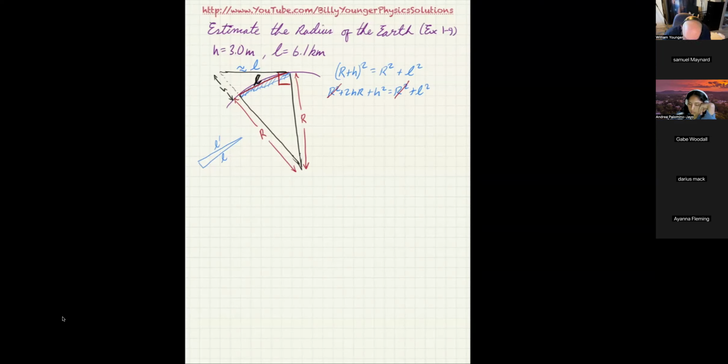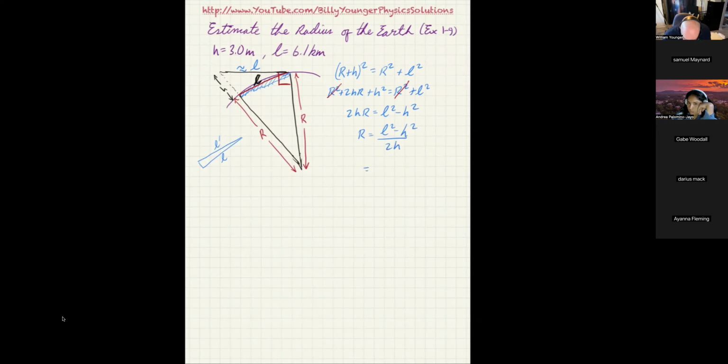So what I'm going to do is pull the h squared to the right-hand side. That's going to give me 2hr is equal to L squared minus h squared. And then that means r is going to be (L squared minus h squared) over 2h. So we can plug those numbers in.